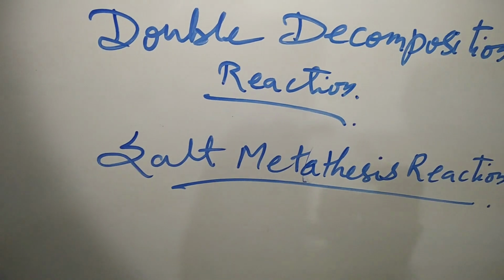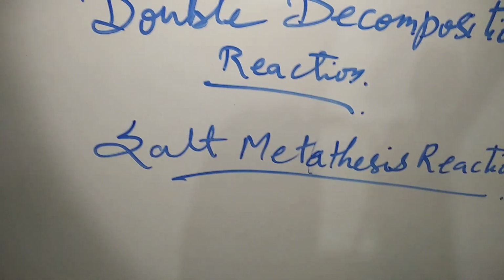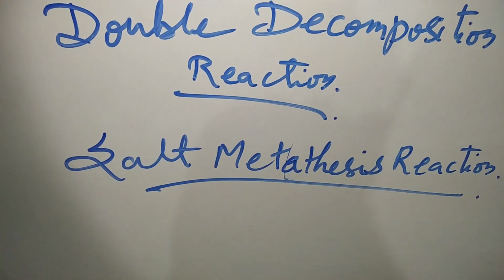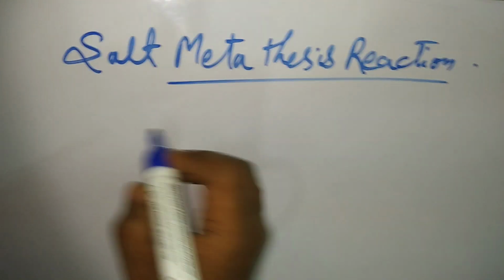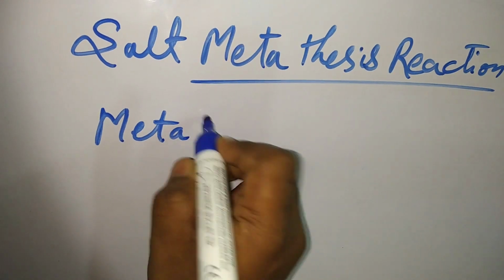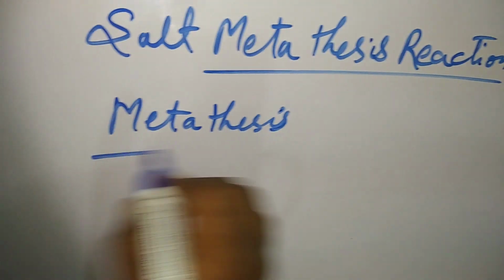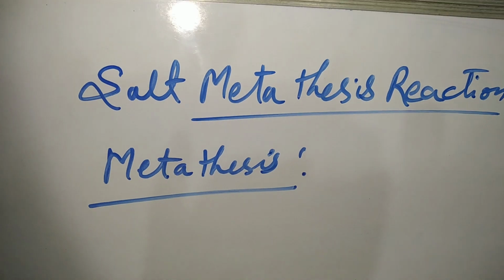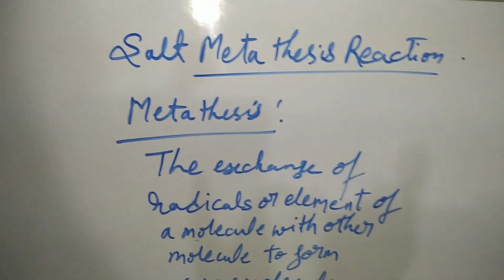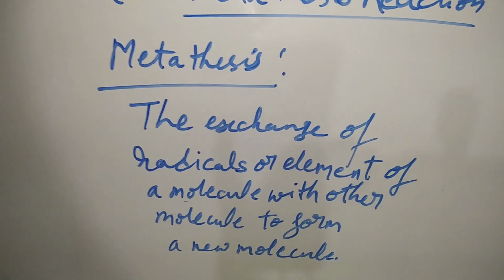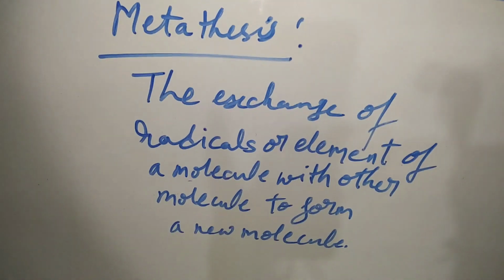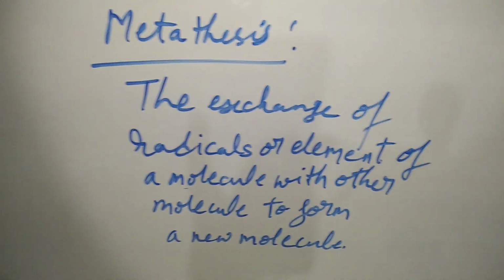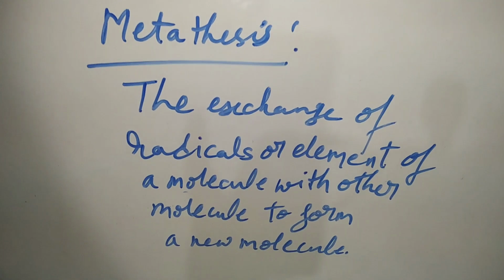Now what does metathesis mean in chemistry language? Let's know about it. See students, the word metathesis means the exchange of radicals or elements of a molecule with another molecule to form a new molecule.